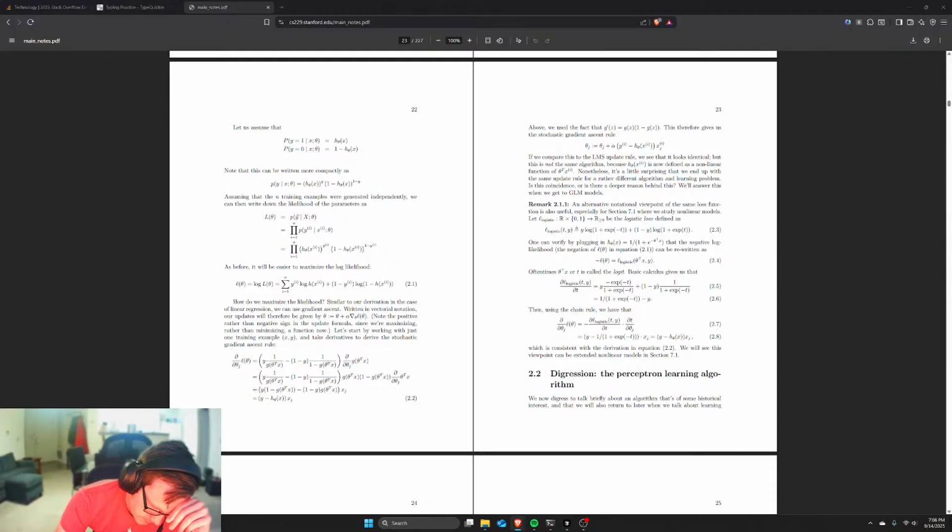I forget my negative ones there. Yeah, I forgot my negative. No, I didn't.